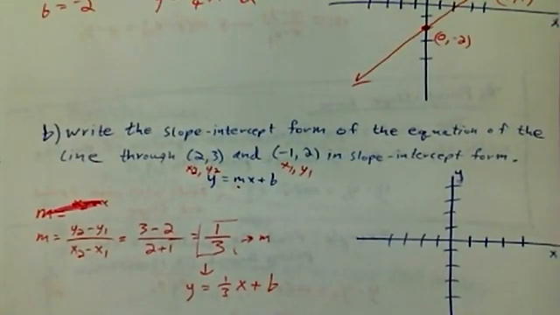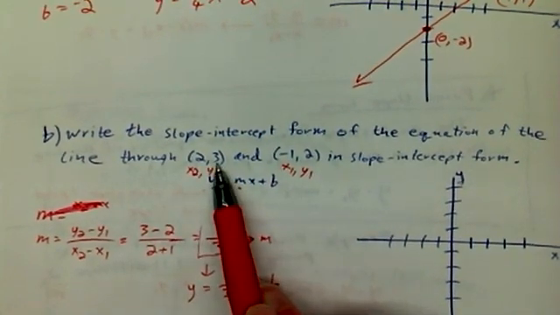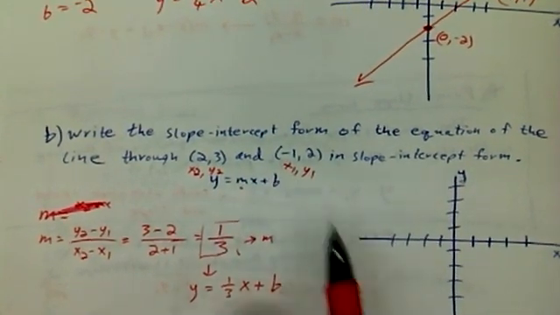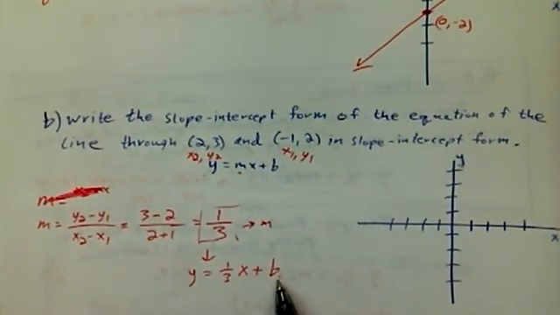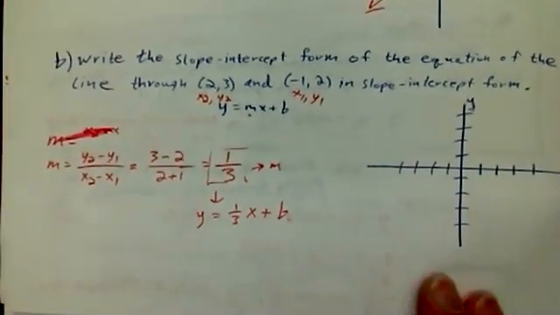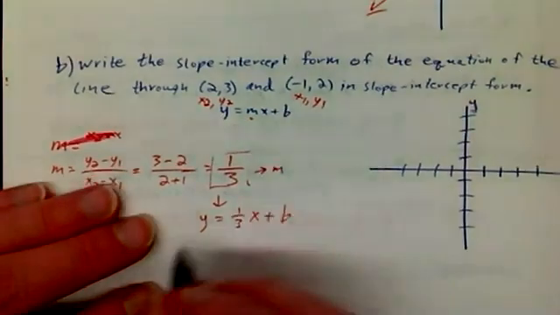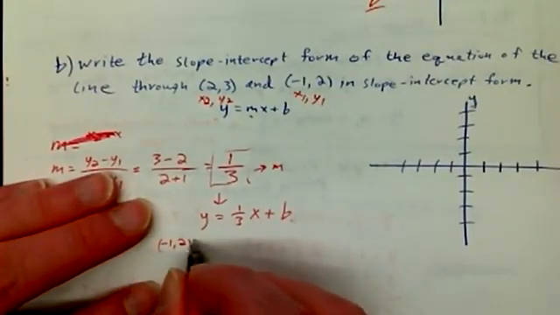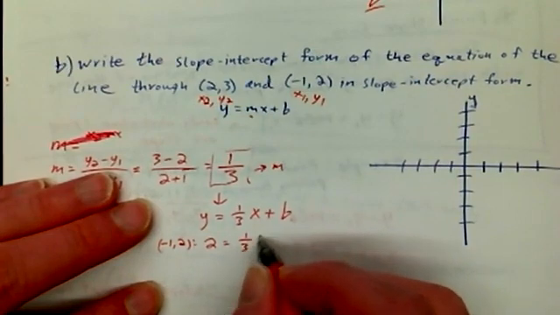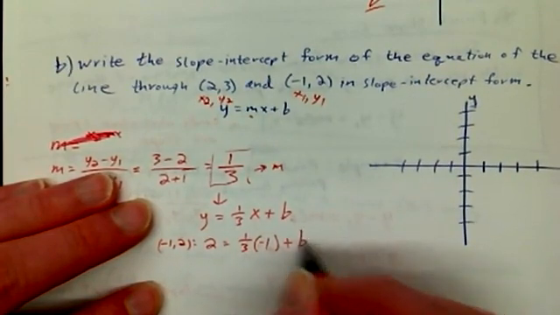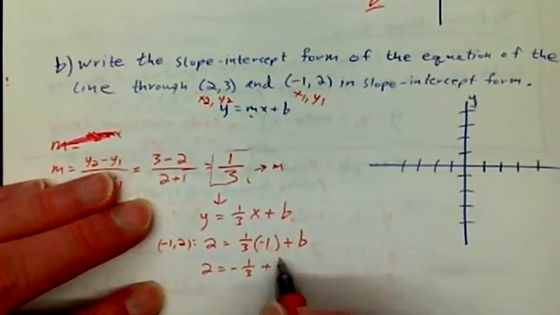Well, here's the thing. Whatever b is, it has to make this equation true for 2, 3, and -1, 2. So I can choose either one of those, plug them in for x and y, and determine b. I think what's probably going to be easier is I'll use -1, 2. So that means 2 is equal to 1/3 times -1 plus b. 2 equals -1/3 plus b.